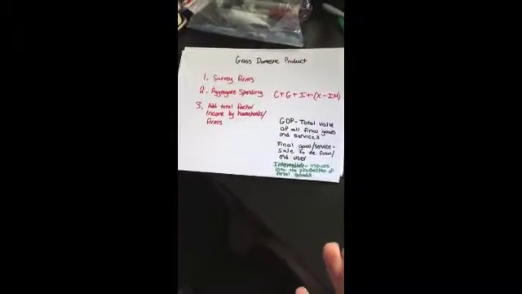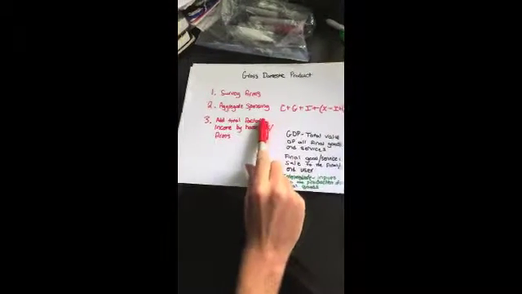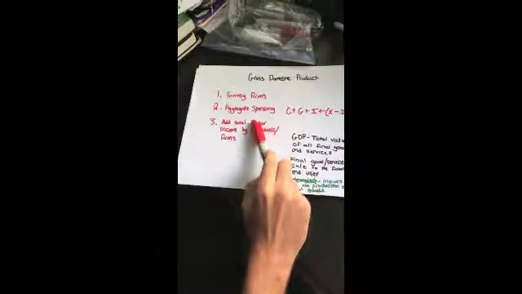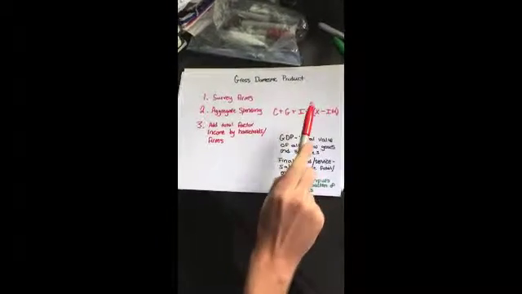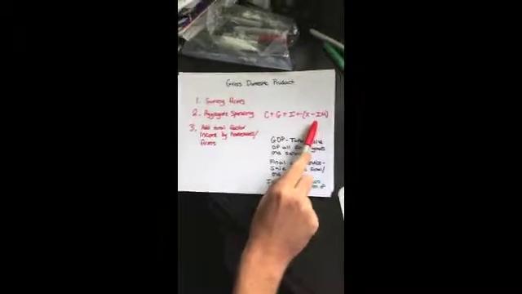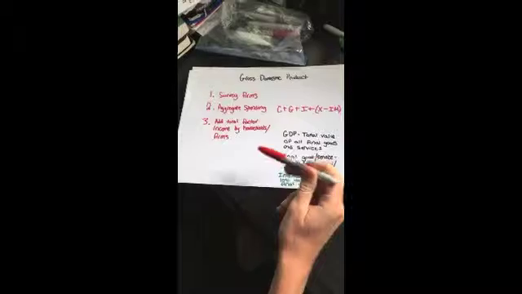Firms are asked to provide information regarding the final production of their goods and services so that we can add them up together to calculate our GDP. The second way is by solving for aggregate spending, which is consumer spending plus government spending plus investment spending plus exports minus imports. And the last way is by adding total factor income by households and firms.